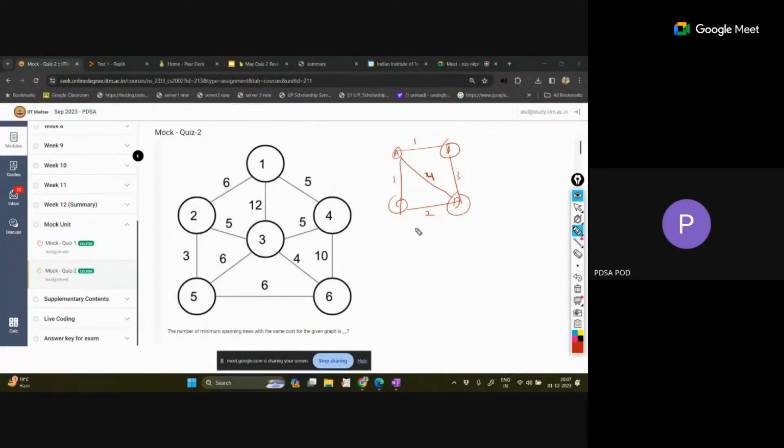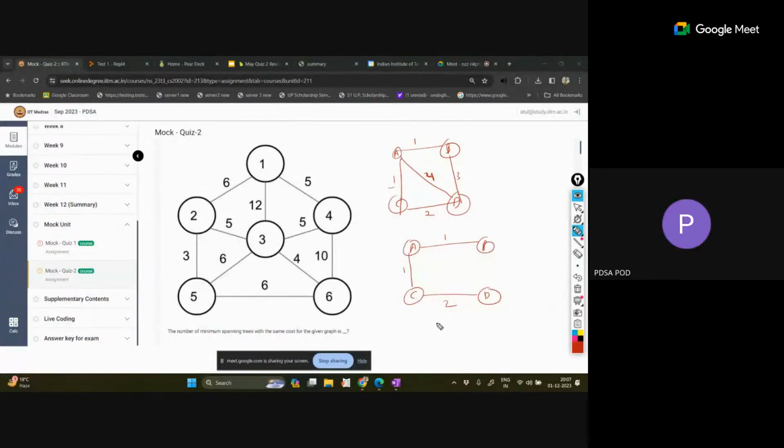In this case, both will be selected in the MST. If you create the MST for this, first you will select the smaller weights. The edge with the smallest weight you will select, and the second will also be selected. In every MST, these first two weights will always be selected. After that, the next weight is 2. So this is the only one possible MST for this graph.